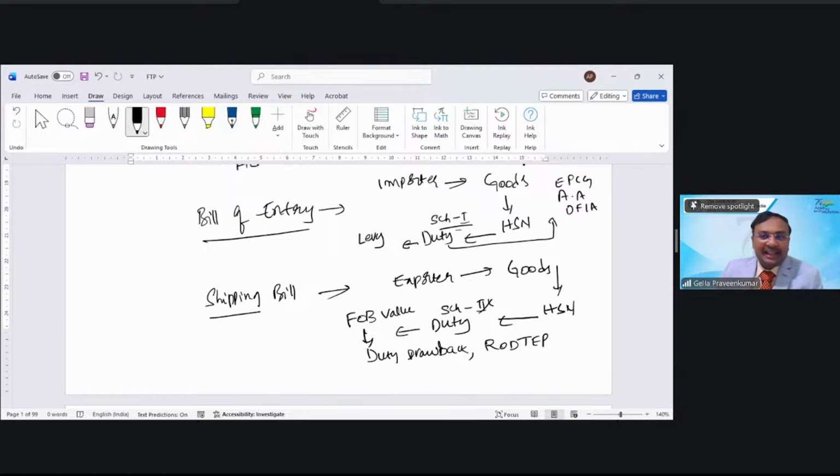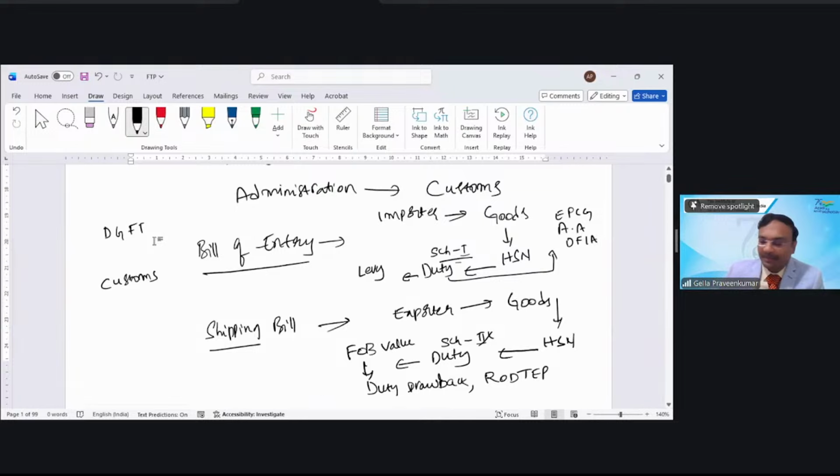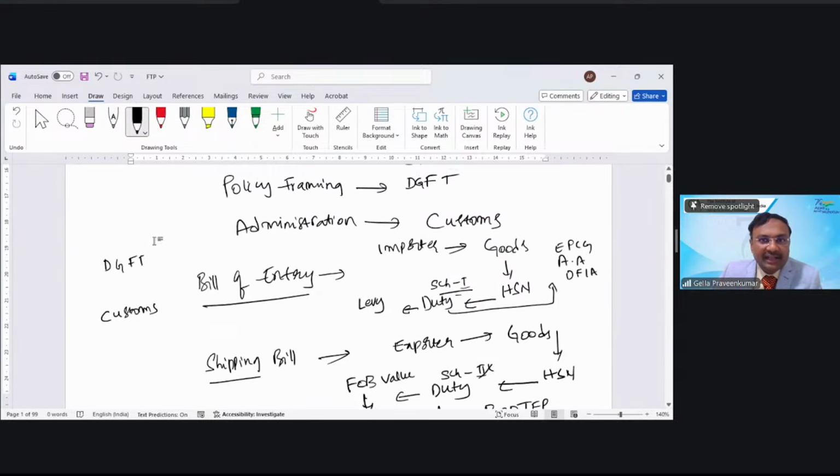So here, when you see these aspects, it's like brothers and sisters working together. My customs authorities, my DGFT authorities, they work in tandem together. So here I was talking about administration and customs.